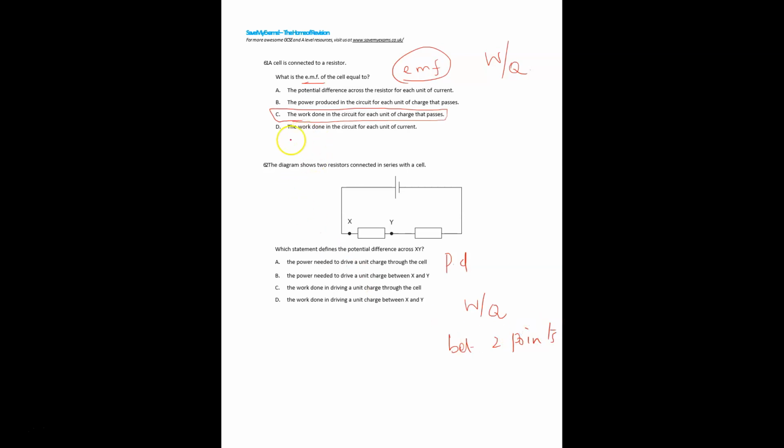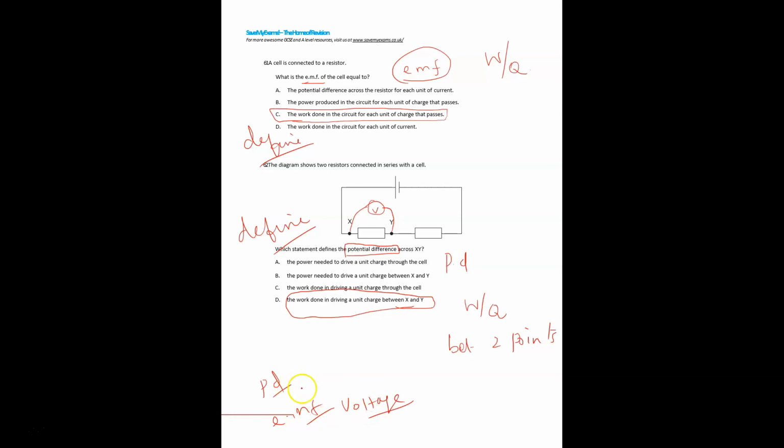So here the question is actually the definition. If you know the definition, you can solve this question. They ask: what is the potential difference across X and Y? Work done driving unit charge between X and Y. Potential difference, EMF and voltage are similar, but there is a slight difference.